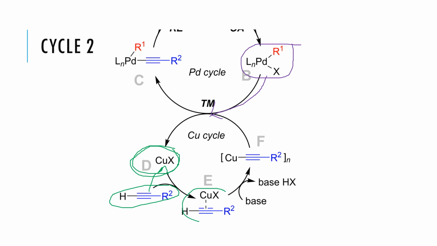It forms a slightly weak bond over there. You can see the copper interacting with the sp hybridized carbon. A base then is used to extract the hydrogen, because bases accept hydrogens, and you are left with your copper alkyne.